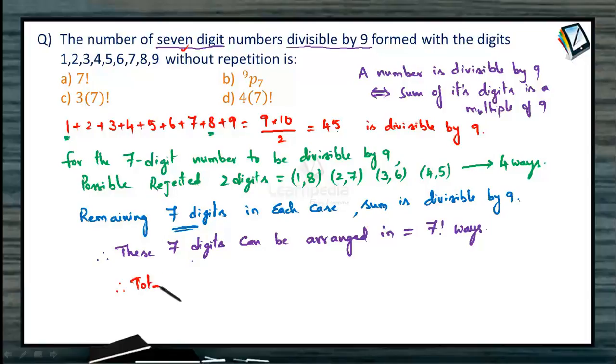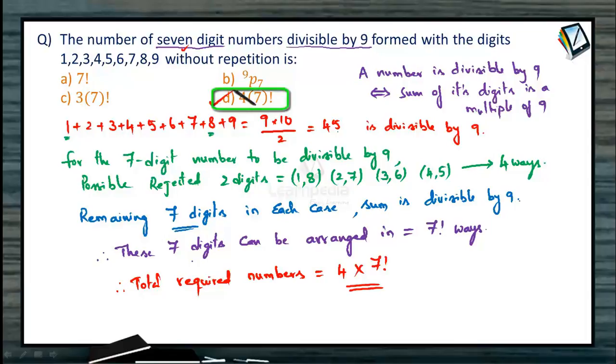Therefore, the total required numbers would be 4 different cases of selecting 7 numbers, and in each case 7 factorial arrangements. So there will be 4 times 7 factorial arrangements, which is option D, and it satisfies the question. It's a case of the divisibility rule applied in permutations and arrangements, where we need divisibility by 9, right?